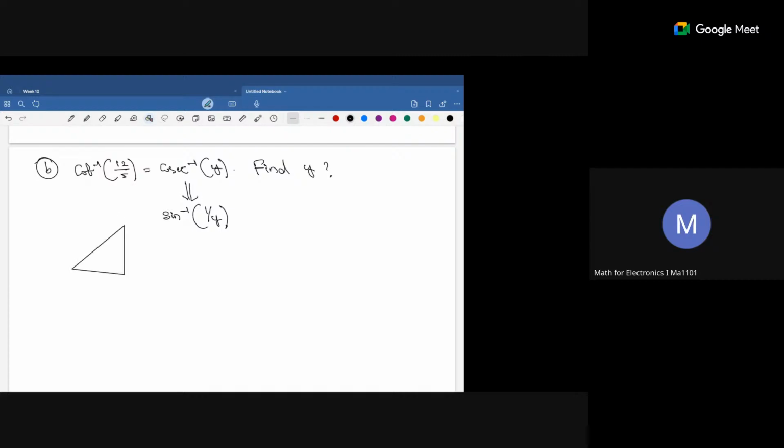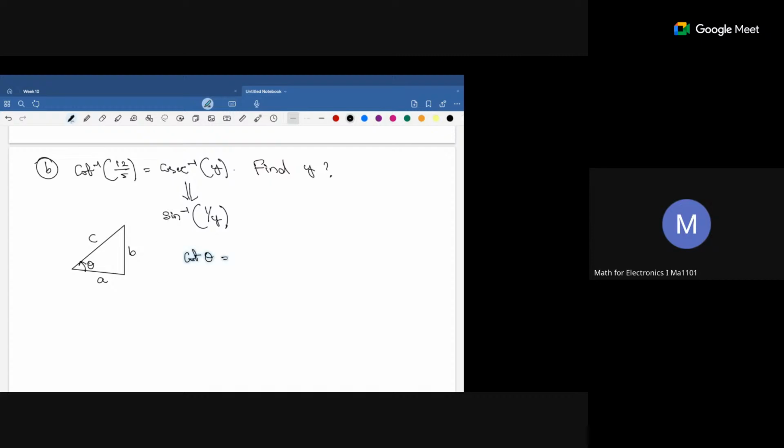Let us put this in a right angle triangle. Now we are interested in this theta. Again A, B, C. So what is cot theta?